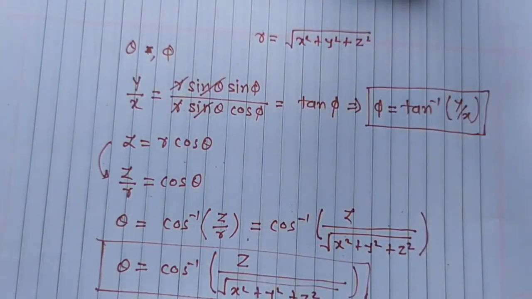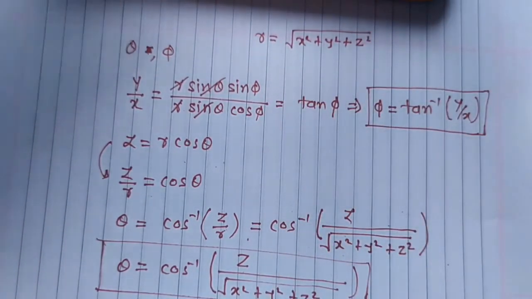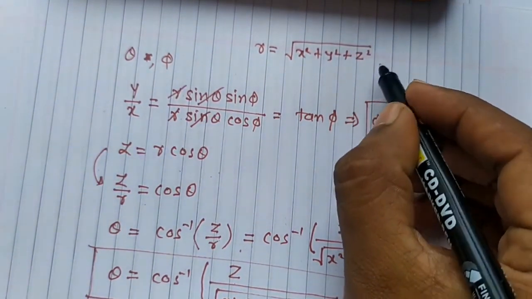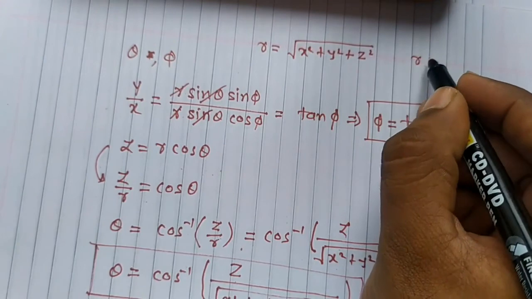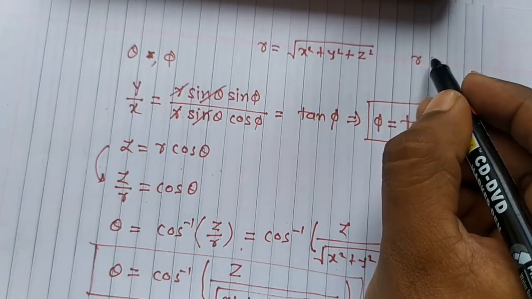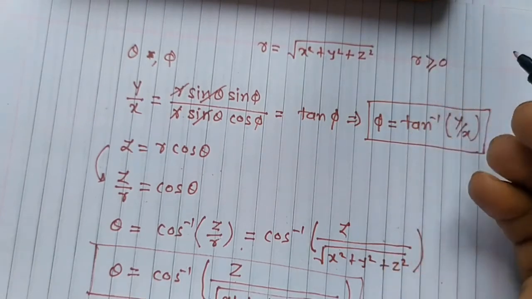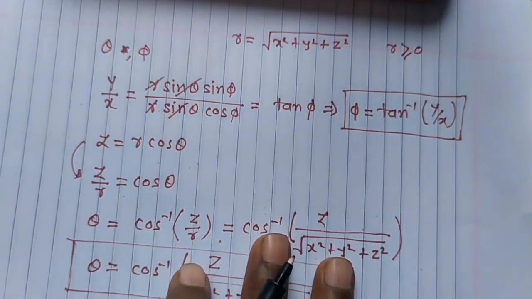This was the value of r. And the limit on r will be: r is the radius of that sphere, right? So r can't be negative, it will be 0 or always positive, so greater than or equal to 0.